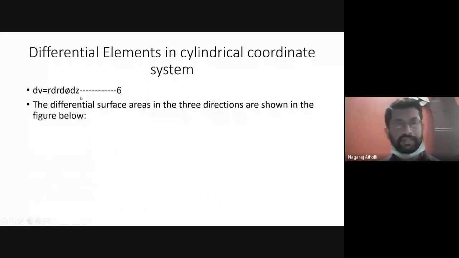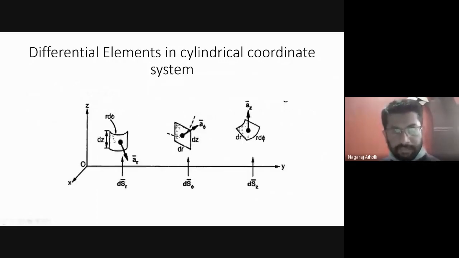Next, the differential surface areas in the three directions, as shown in this next figure. Our x, y, and z. This is our dz. This is our r d phi, the arc length. Now, if we take the unit vector along the mutually perpendicular direction, it is ar bar.